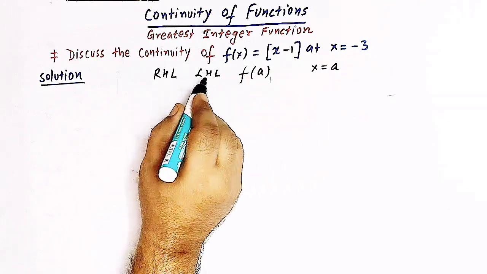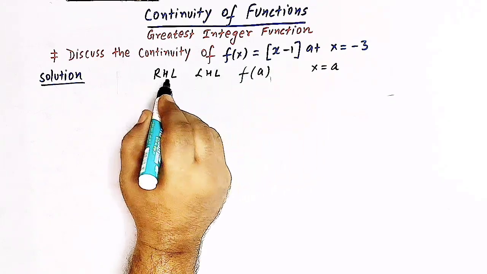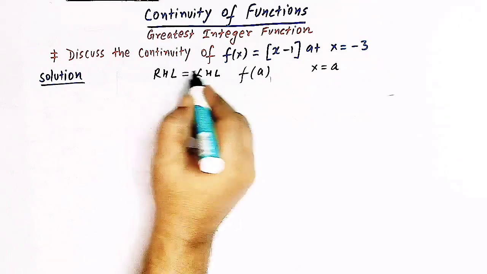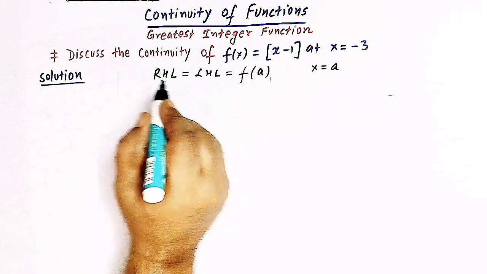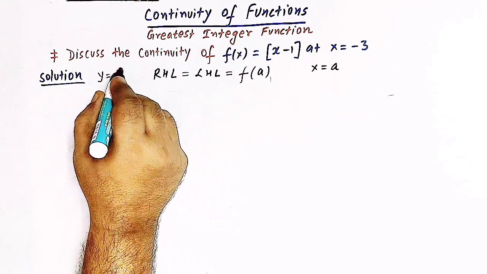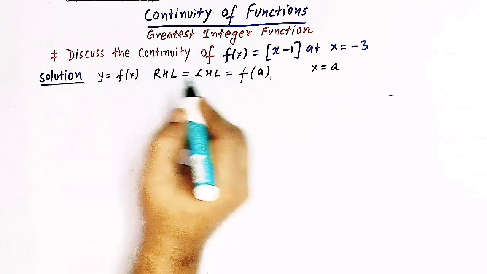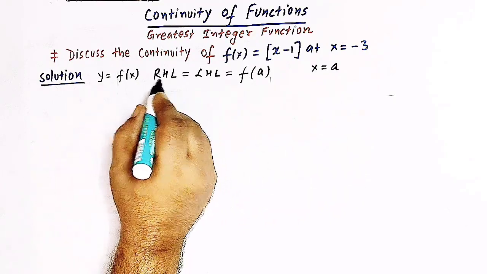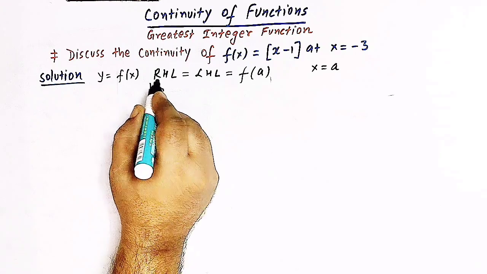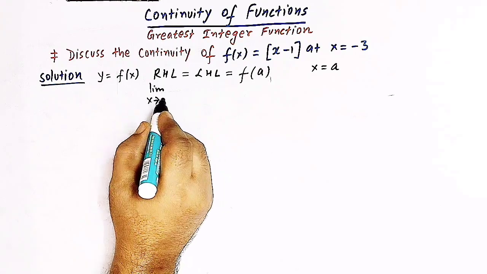If these three quantities exist and are finite and equal to each other, then we can claim that the given function y is equal to f of x is continuous at x is equal to a. The notation for the right hand limit is limit x tends to a plus of f of x.